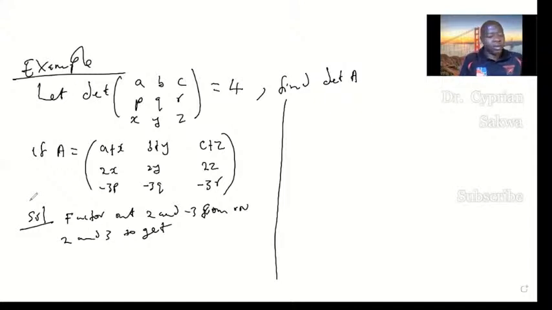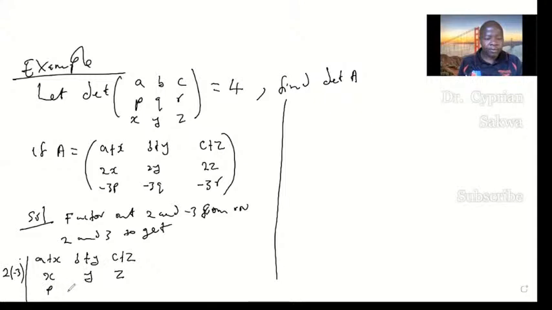When you factor out, you find that the determinant of A would be, I factored 2 and negative 3 out, so what I'm left with is the matrix with rows A plus X, B plus Y, C plus Z; X, Y, Z; and P, Q, R.